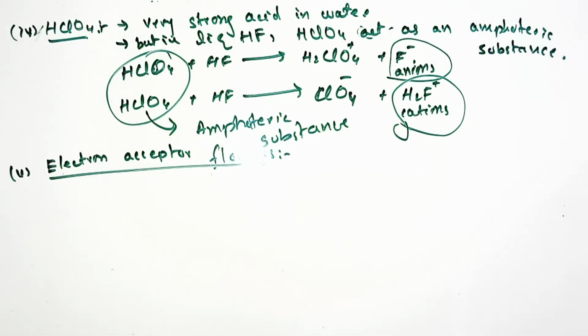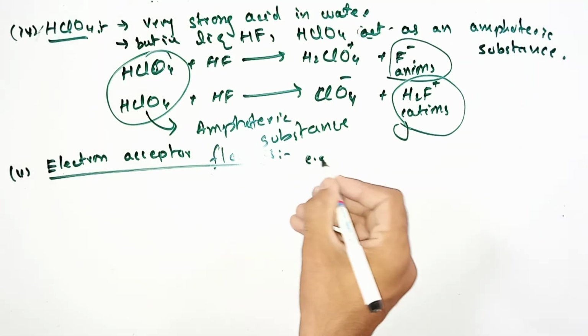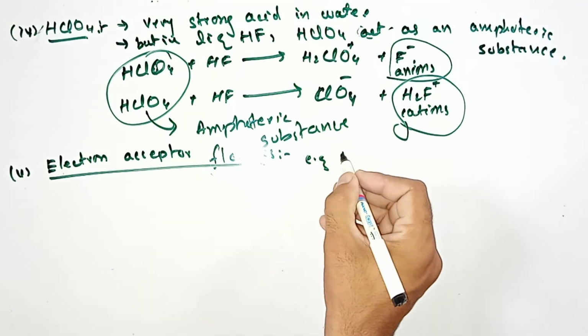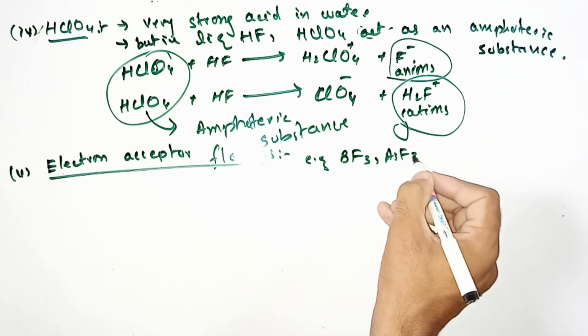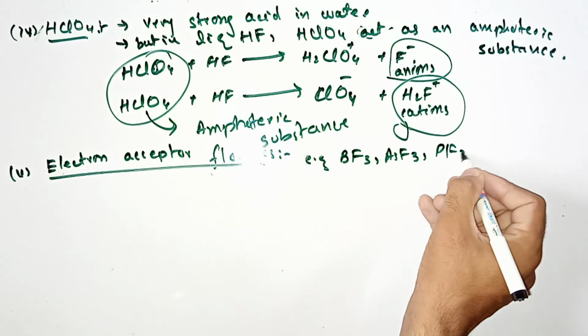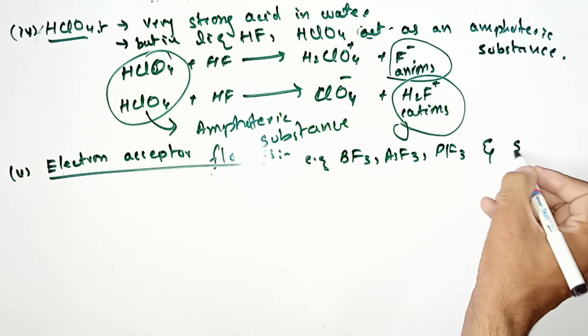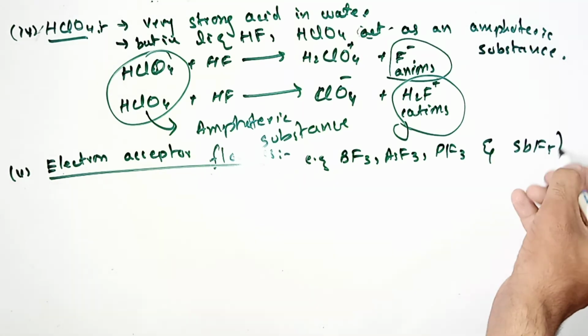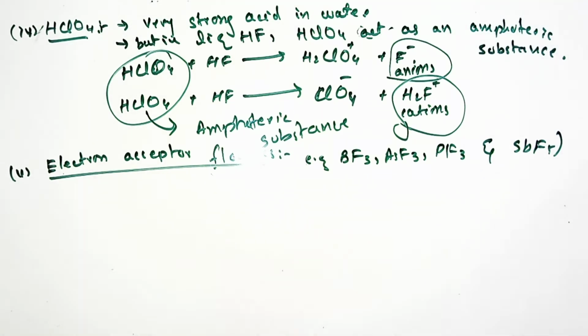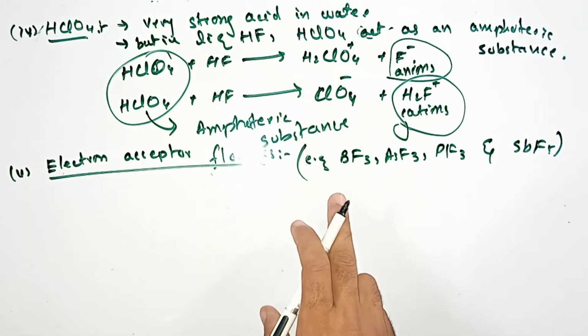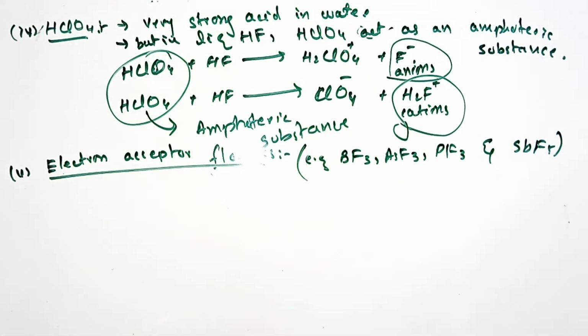Electron acceptors, for example, are BF3, AsF3, PF3 and SbF5. These all have the property of accepting electrons because they have a deficiency of electrons. These are electron deficient compounds, so they have the property to accept electrons.